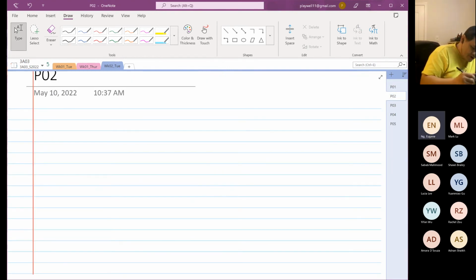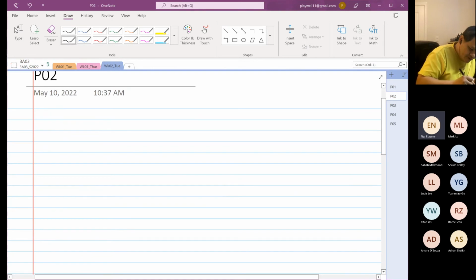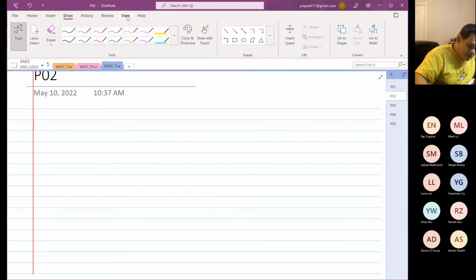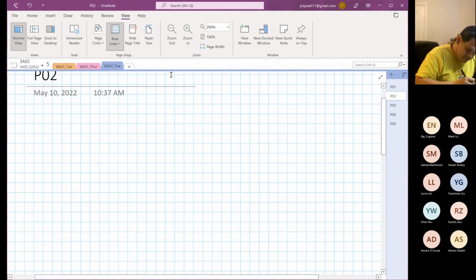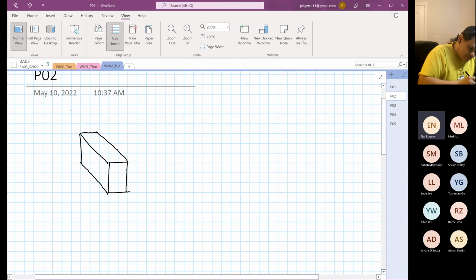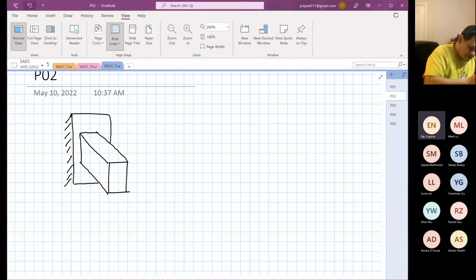Now, I'm going to sketch a structure in 3D. Let's assume our structure is built in.